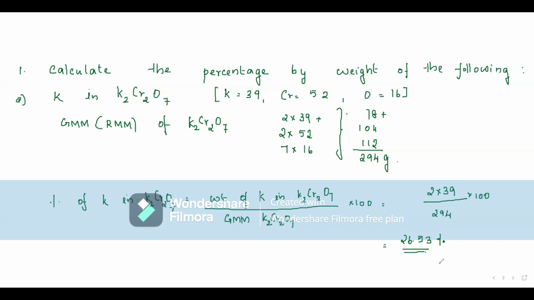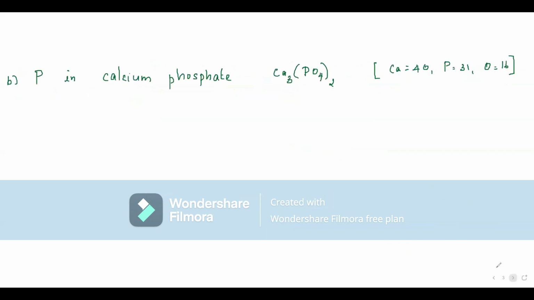So 26.53% of potassium is present in potassium dichromate. Next one. Phosphorus in calcium phosphate. Formula given, Ca3(PO4)2. If you are confused, you can open the bracket and write that as Ca3P2O8.